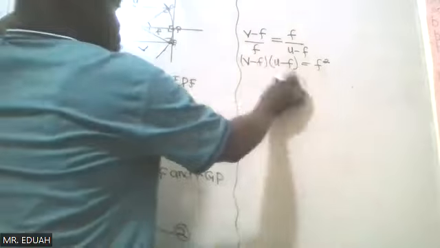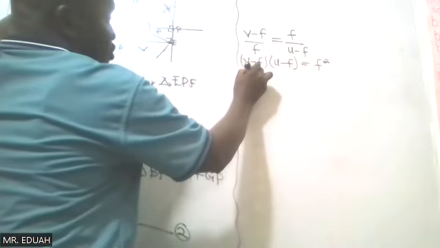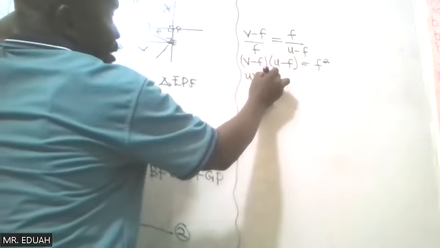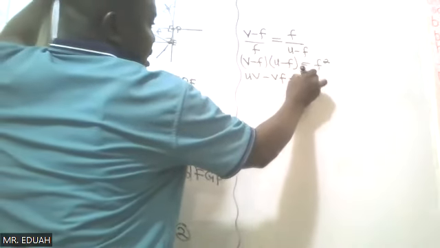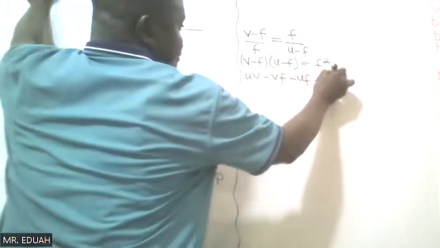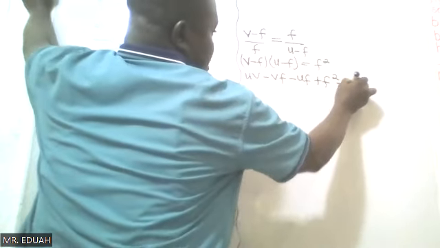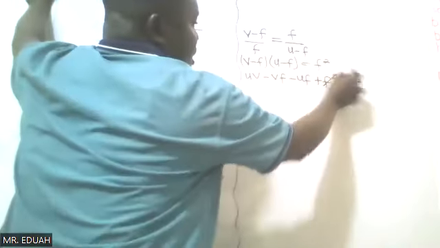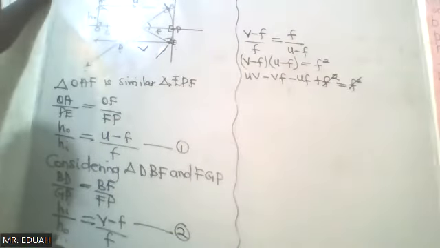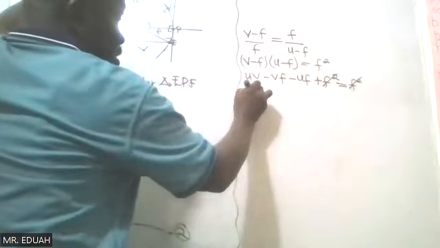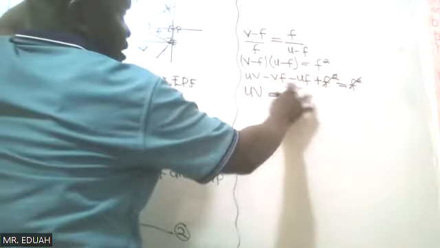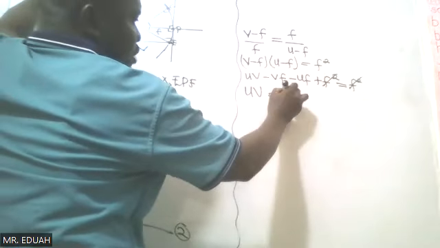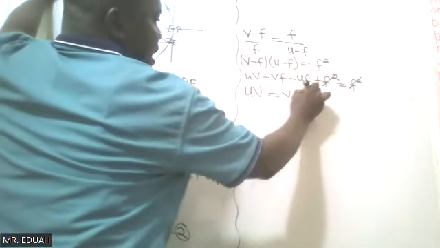So that when we open the bracket, we have UV minus VF minus UF plus F squared equal to F squared. This can easily reduce to 0. And so, making the rest positives, you have UV equals VF plus UF.